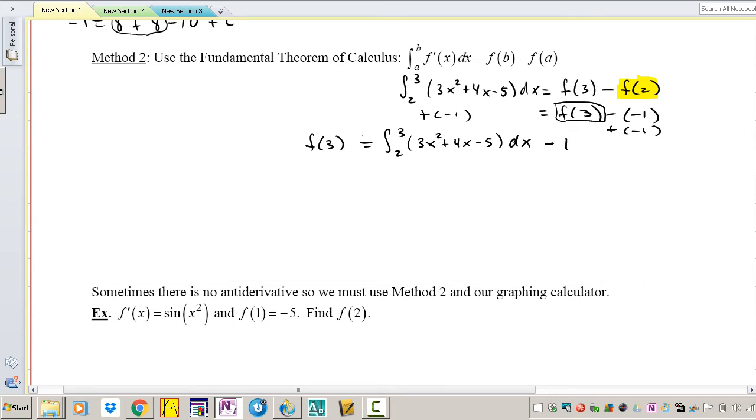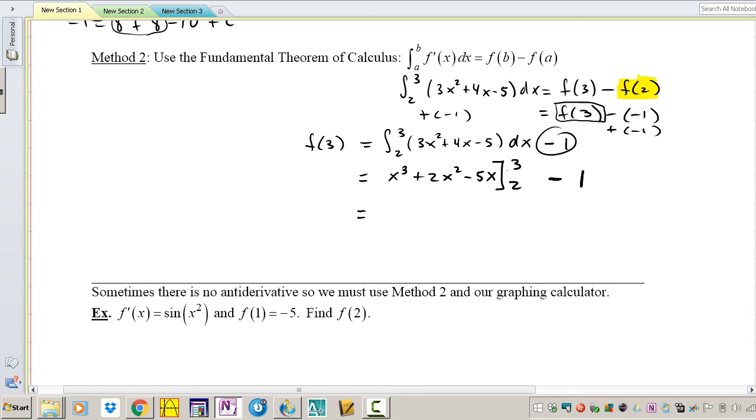And then all I've got to do is compute the definite integral. What is the integral of 3x squared? That is x cubed. What is the integral of 4x? 2x squared, and 5x. But now I'm doing the definite integral, so I'm going to plug in 2 and 3. After I plug in 2 and 3 and find those numbers, I take 1 away and I should get the number I got above.